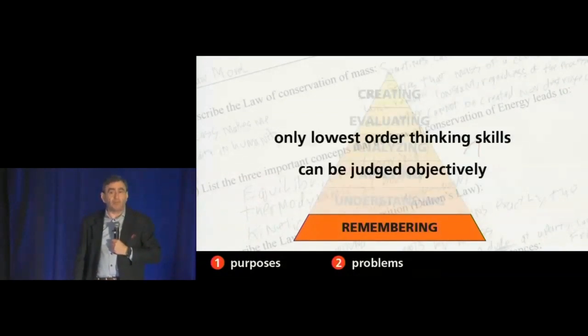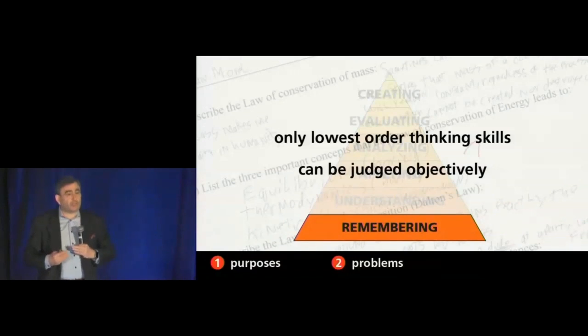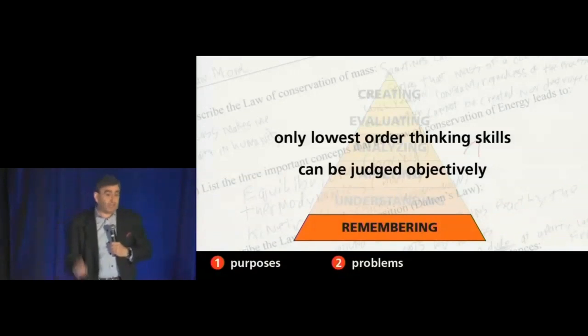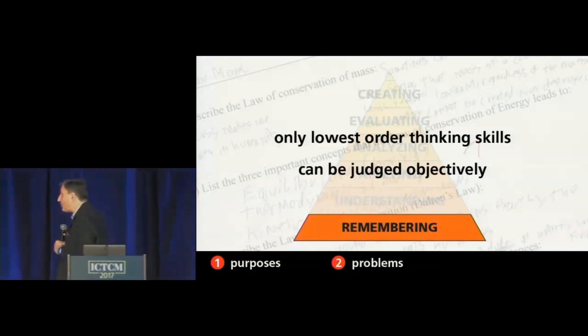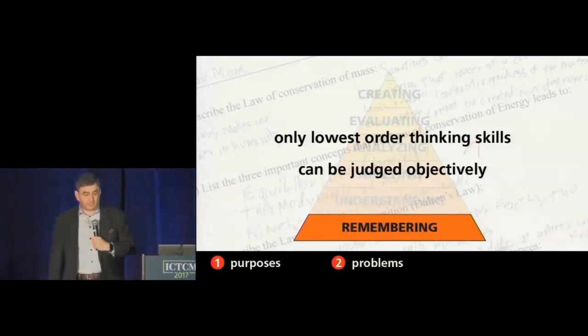That's the only skill we can truly assess completely objectively. So in a sense, this coach-judge conflict forces us down. Anything higher up is very subjective and involves feelings, judgment. So in a sense, this conflict forces us down Bloom's taxonomy.